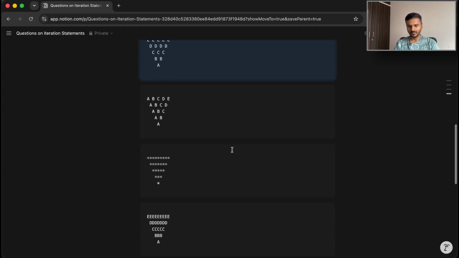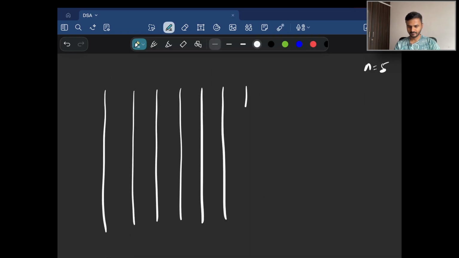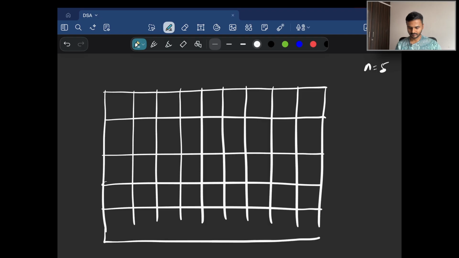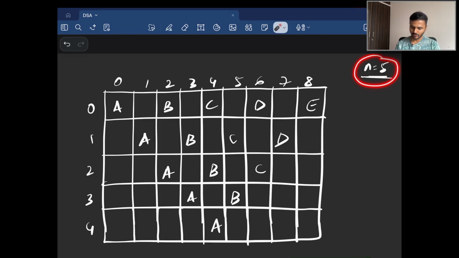So with this done, let's move on to the next question, which is this. So for n equal to 5, this is what we're supposed to print.